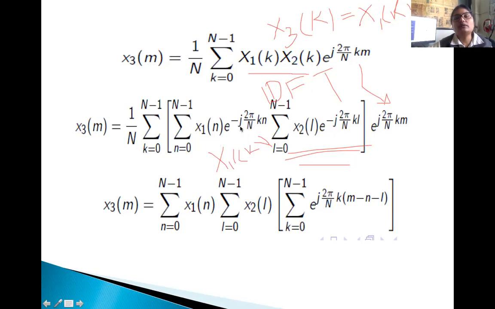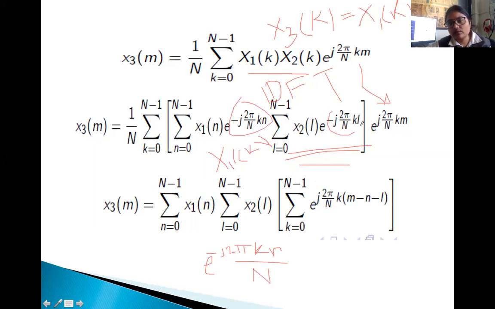Now the first part is the exponential part, so we have taken e raised to minus j 2 pi k n divided by capital N. Here I will write so that you will understand what we have considered: e raised to minus j 2 pi k n divided by capital N. This is the first term which we have taken from the first bracket.